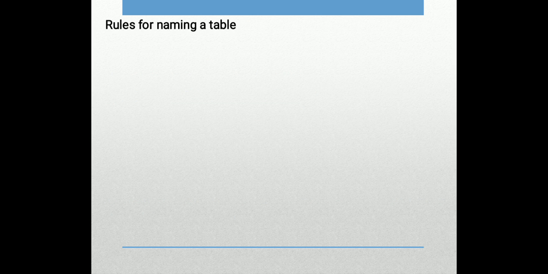And next, if we create a table name, there are some rules for creating a table name. In the previous year we studied the rules for identifiers. Like the rules of identifiers, here we also use some rules for naming a table.